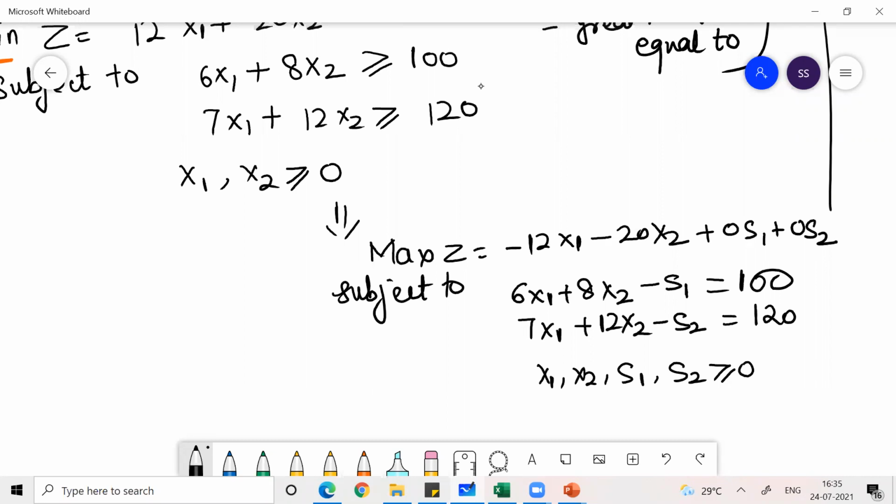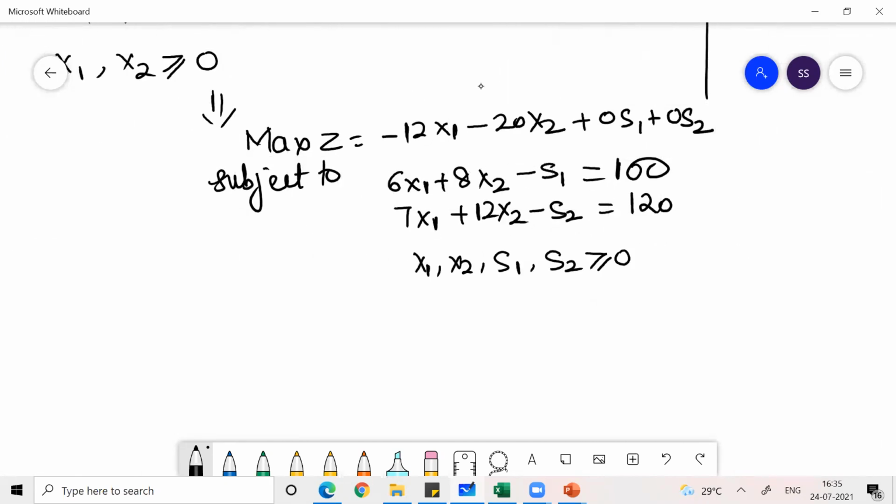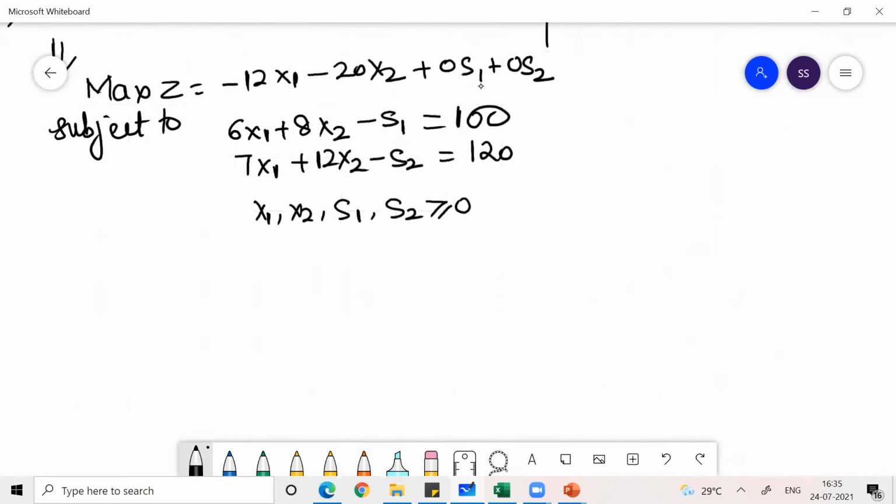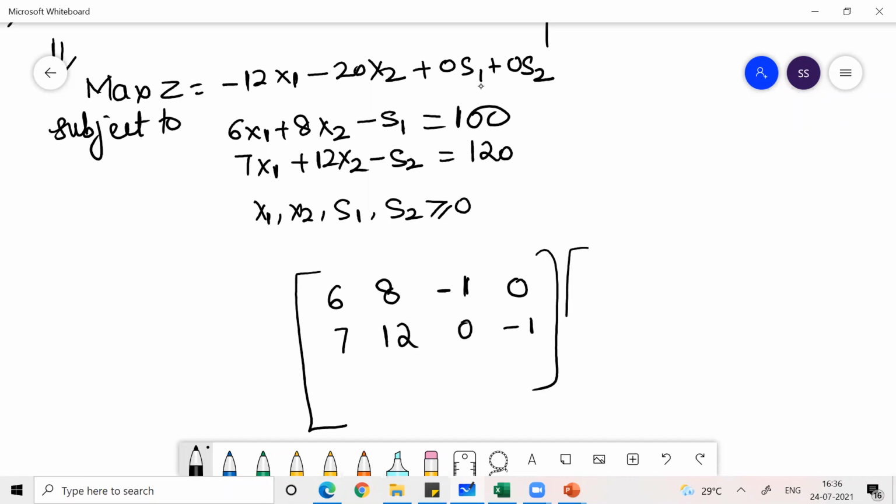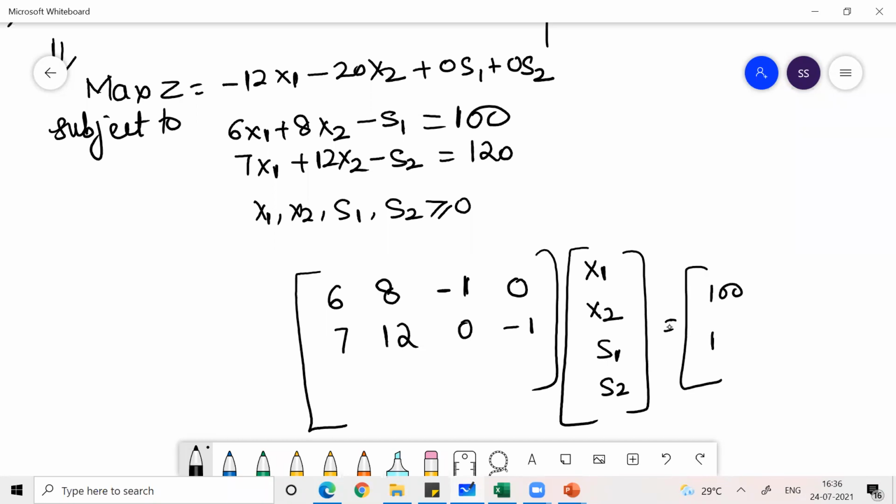So now, once we get the standard form of equation like this, I can write this equation as the matrix 6 8 minus 1 0, then 7 12 0 minus 1, times x1, x2, s1, s2, and it is equal to 100 and 120.